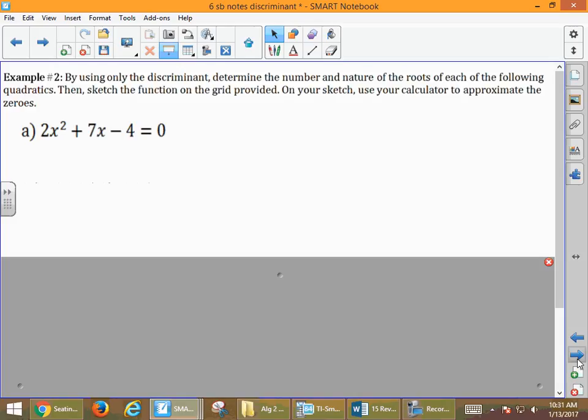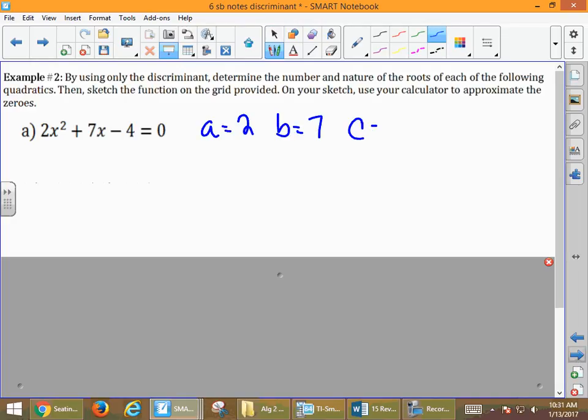So when we look at this problem here, we see A is 2, and B is 7, and C is negative 4. So we fill in our discriminant, which is B squared minus 4ac. 7 squared minus 4 times A times C. 7 squared is 7 times 7, which is 49.